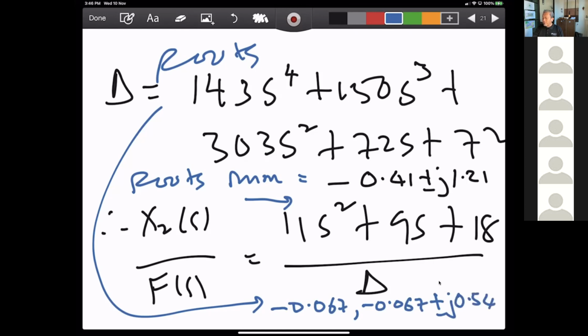The other one negative 0.46 plus J 1.22. So there are 4 imaginary numbers.